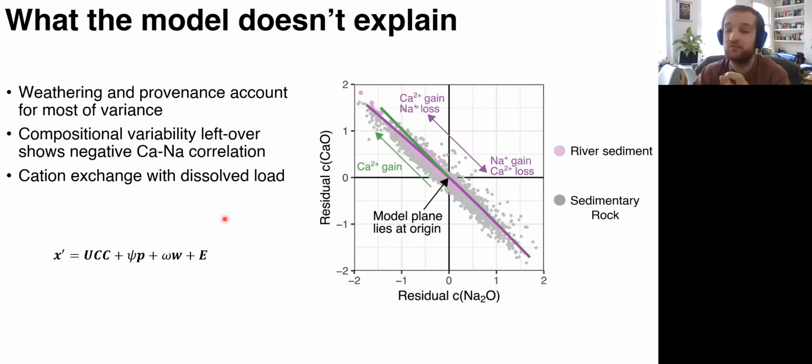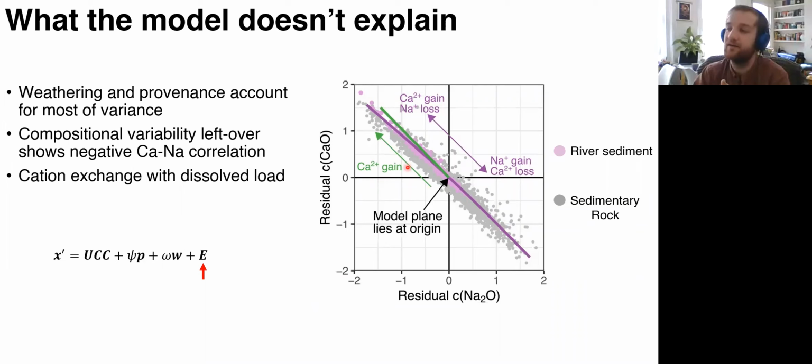So if we look at the residuals, this is this E term here, the variations not explained using just protolith and weathering, we might have an idea of what else is explaining the variance in our data set. So if we just look at the residual calcium and the residual sodium, so the excess sodium and the excess calcium, when we take away the fitted from the true data, we can see that there's quite a strong negative correlation between them.